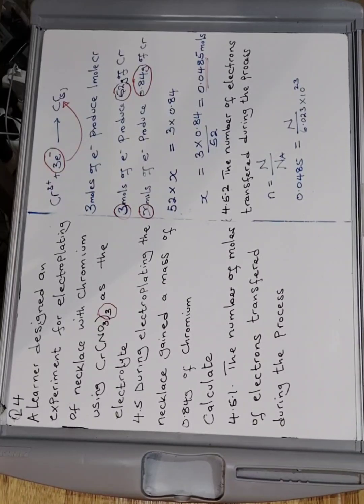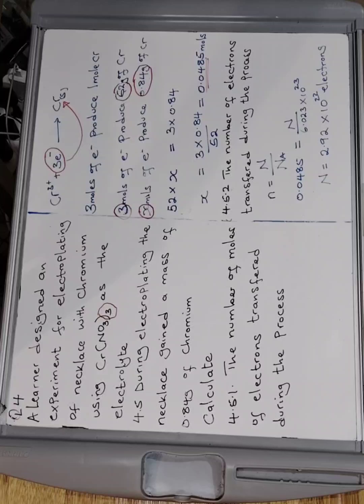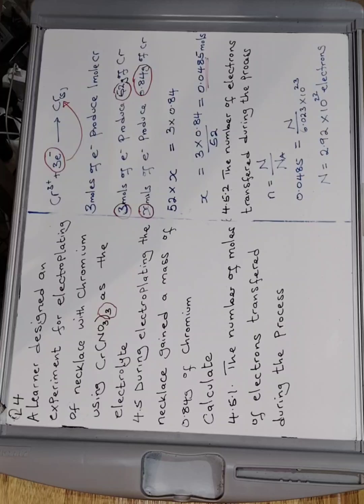All we need to do is cross multiply and get the answer. The number of electrons transferred is 2.92 times 10 power 22 electrons. Okay, so we go to the next question.